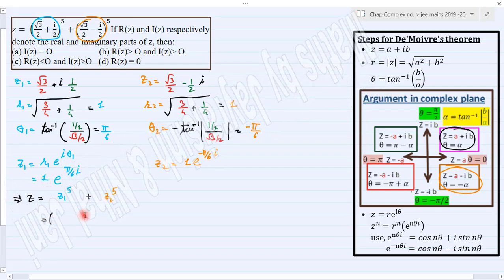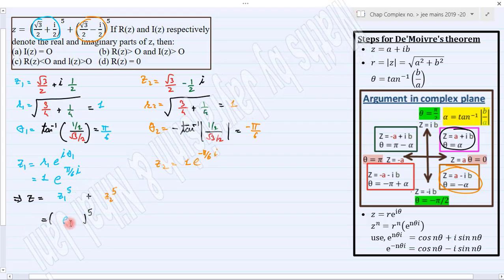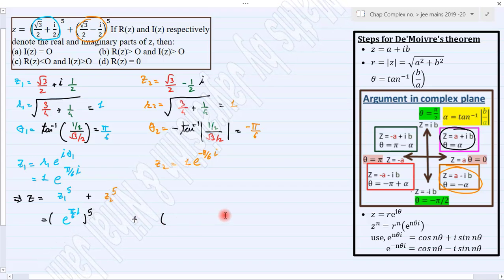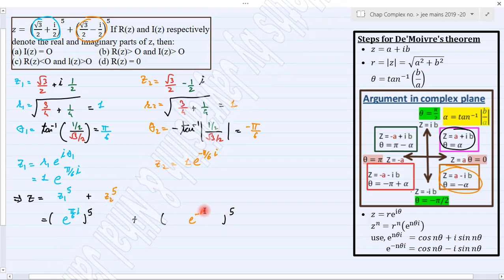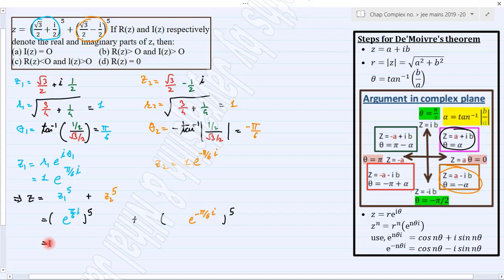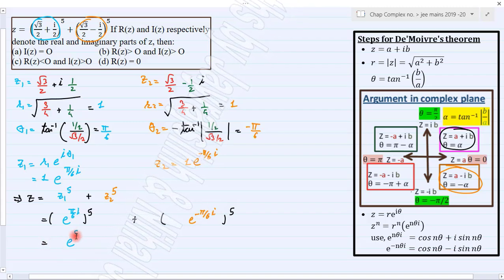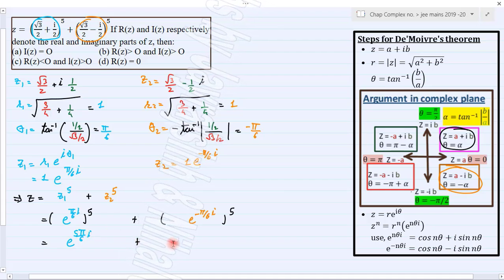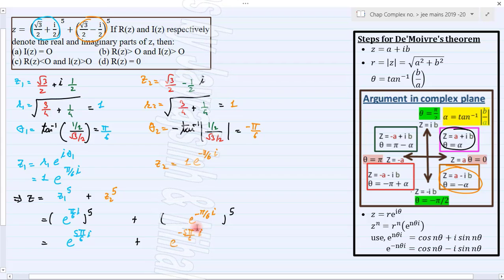So here we get whole raised to 5 of e raised to pi by 6i plus whole raised to 5 of e raised to minus pi by 6i. So here we get e raised to 5 pi by 6i plus e raised to minus 5 pi by 6i.